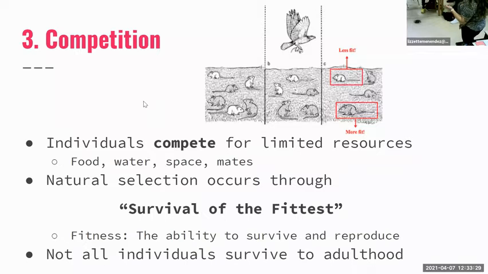So the survival of the fittest, being fit just means that you're able to survive to reproduce. And not all individuals will make it into adulthood. This is the gruesome truth of all living things. We all fight to survive, and not all of us are going to make it.